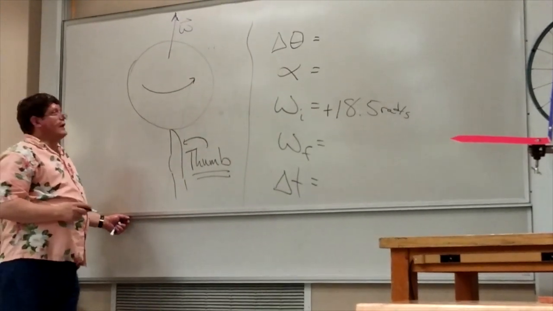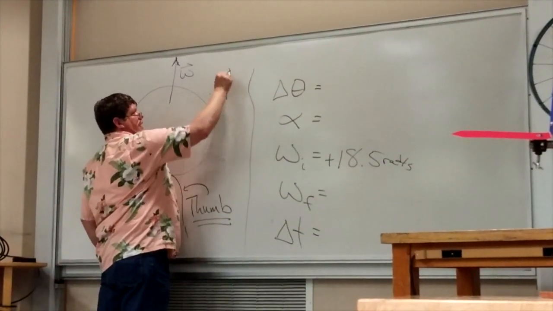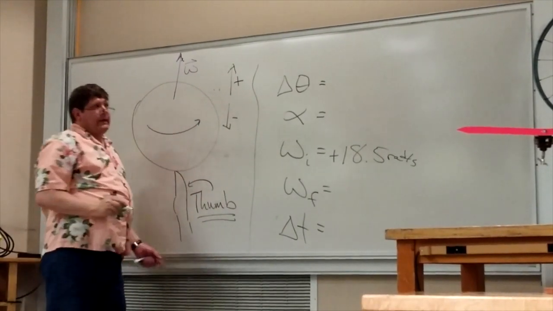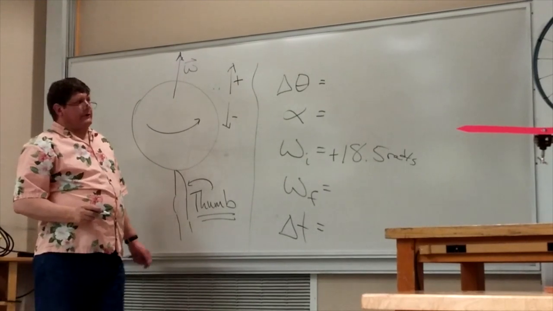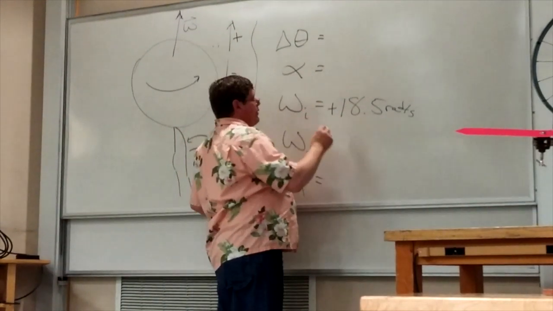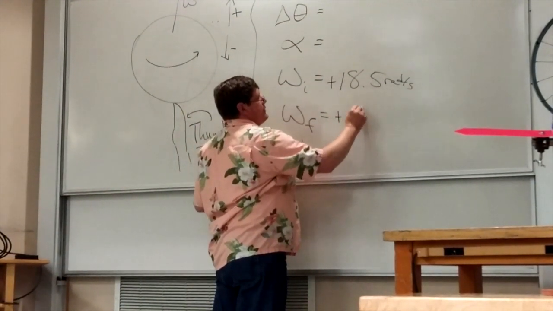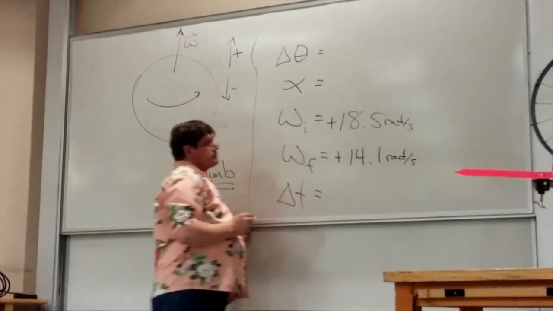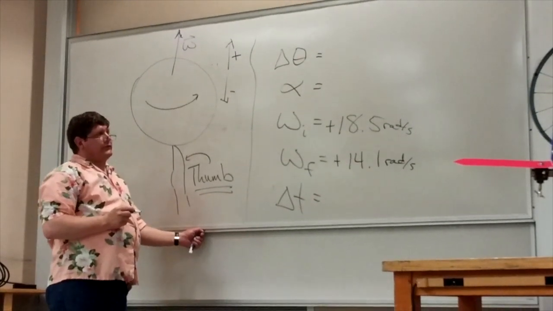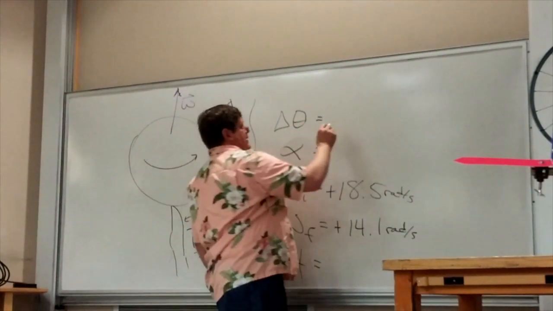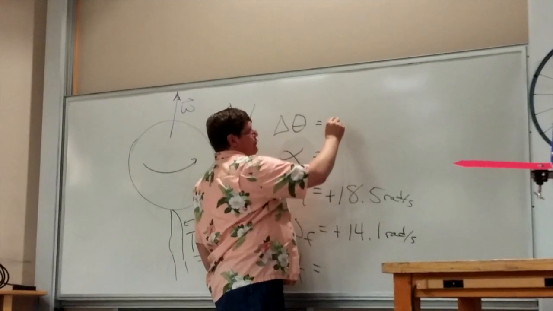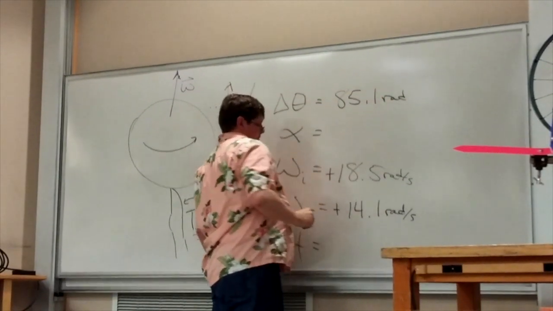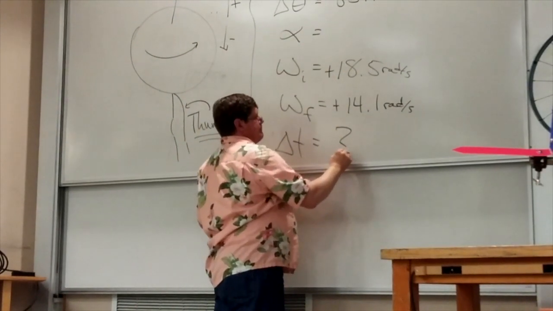That means I'm defining a coordinate system where up is positive and down is negative. A little bit later, the omega is still pointing up, but now it's only 14.1 radians per second. Now, during the course of this slowing down, the angle is going to go through 85.1 radians. We're looking for the time.